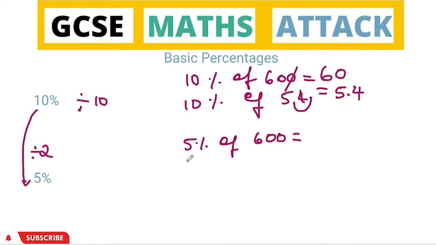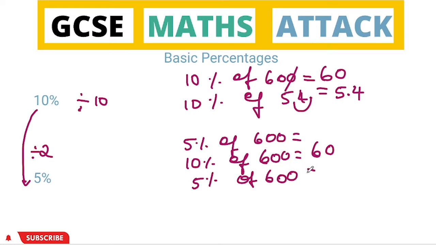The first thing you want to do is 10% of 600, which is 60. Then you want to work out 5% of 600. So to go from 10 to 5, you divide your answer by 2. Whatever you do to one side, you must do it to the other. So 60 divided by 2 is 30.